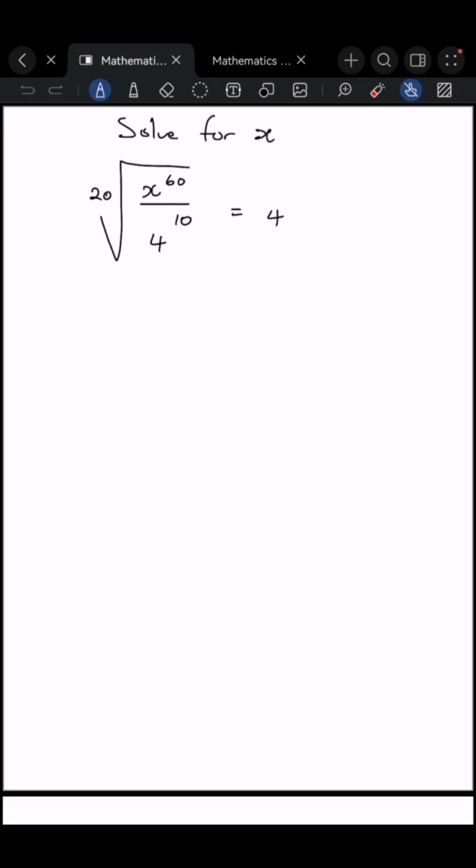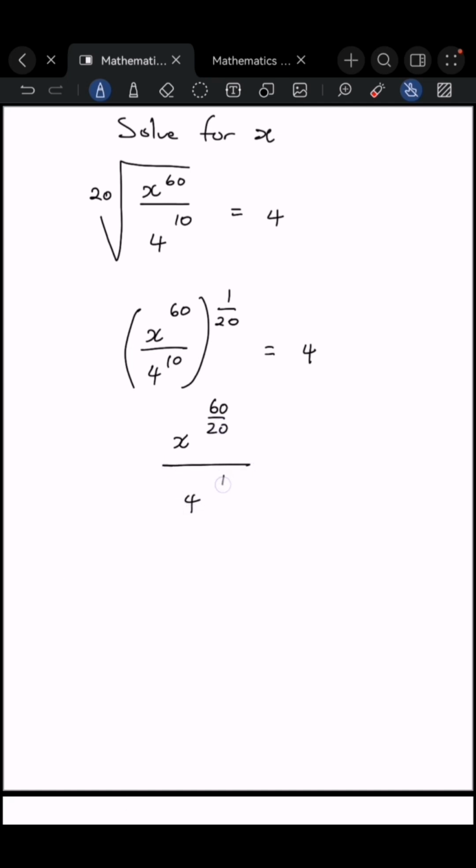Alright, we're here again with the solve for x question, which is the one above, right? So we have x to the power of 60 divided by 4 to the power of 10, all raised to the power of 1 over 20, which is equal to 4, right? Which is x to the 60 divided by 20, divided by 4 to the 10 divided by 20, is equal to 4.